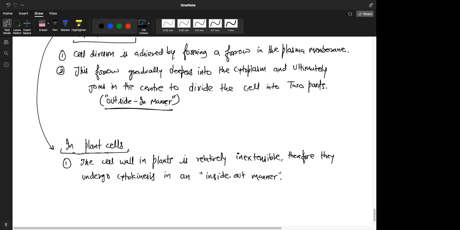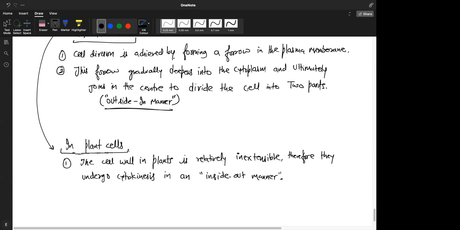That is the same as animal cells, in plant cells as well. But when it comes to cytokinesis, then the outer layer matters a lot. And here on the outer side is a cell wall, which is inextensible. So they have to go in an inside-out manner for cytokinesis.